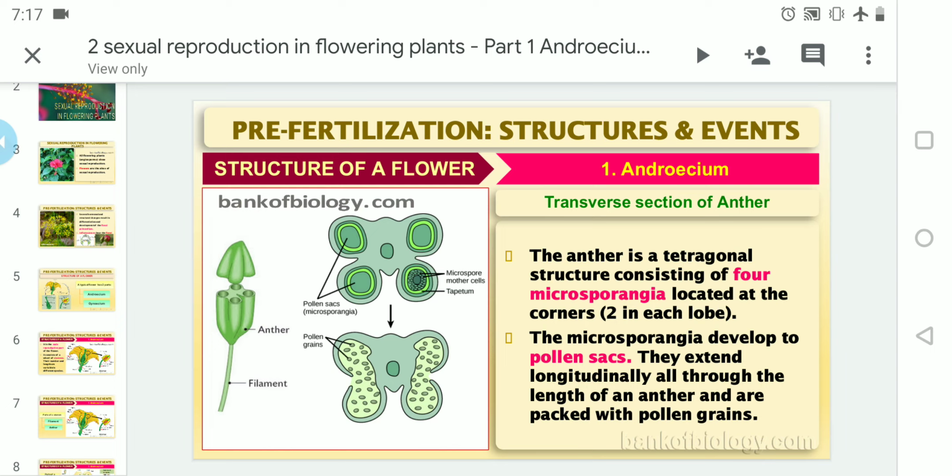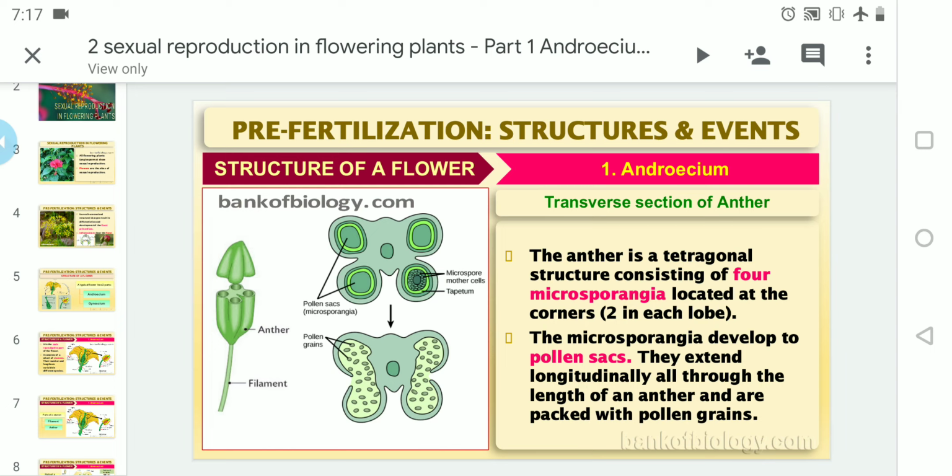As we discussed in the last class, it is dithecous in condition, and there are 4 pollen sacs you can identify. Inside them, pollen grains are present. Now let us discuss the meaning of the anther.